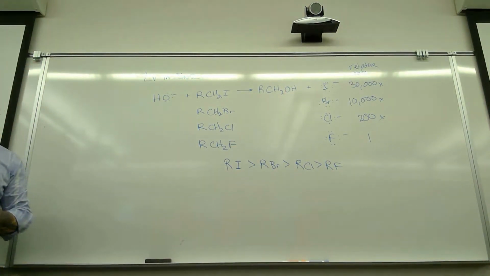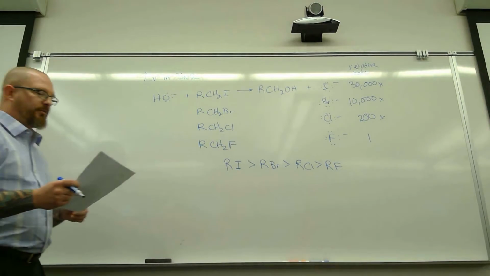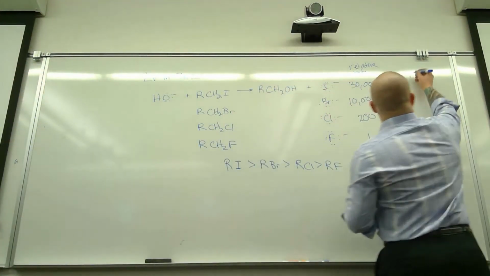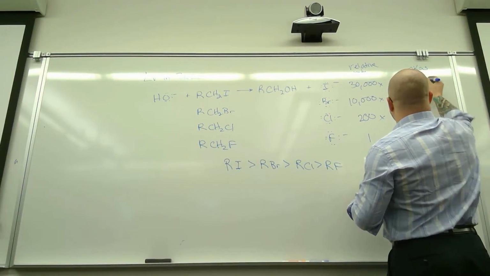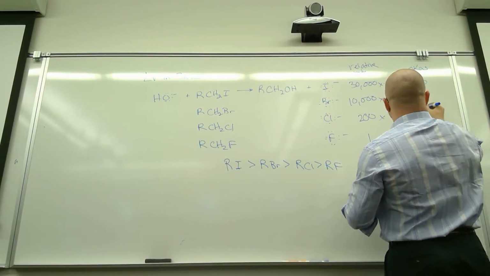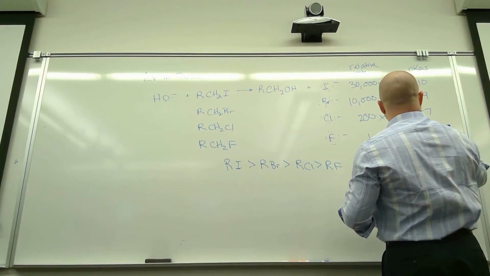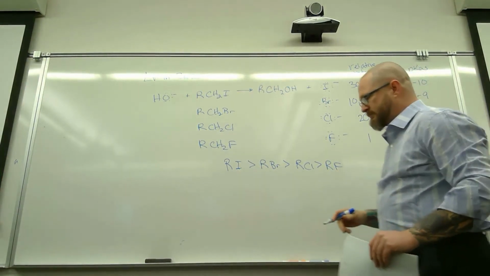Yeah. Because iodine is the weakest base out of all of those. So why is that important? Because it's more stable as I- than all the other ones, because it's larger. It is larger. That has a big impact here. So if you were looking at pKa's of these, this has a pKa of -10, this has a pKa of -9, -7, and 3.2.